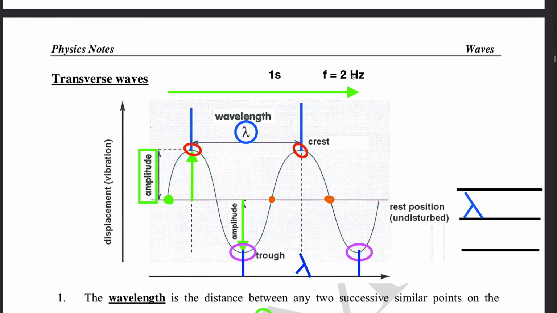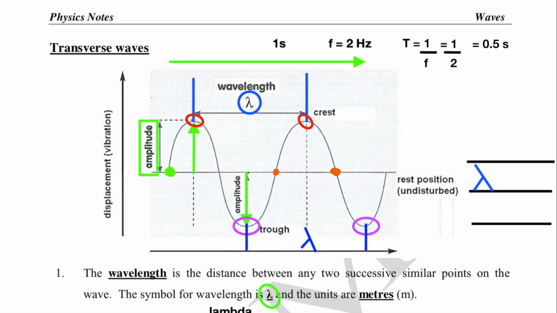So therefore, if I wanted to find the periodic time, which means how long it takes only one wave, I simply have to do 1 divided by 2, because the frequency is 2 hertz, and that will give me 0.5 seconds. So if 2 full waves are passing every 1 second, and we have a frequency of 2 hertz, that means that every wave is taking half a second.